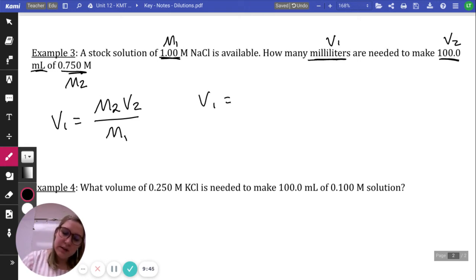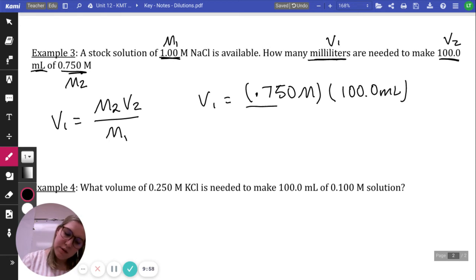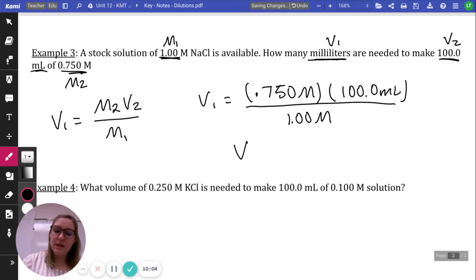So V1 is equal to 0.750 molar solution times 100 milliliters divided by 1.0 molar. All right, so then we'll plug it on into our calculator. So 0.75 times 100 divided by 1. And that gives me that I should have 75 milliliters.